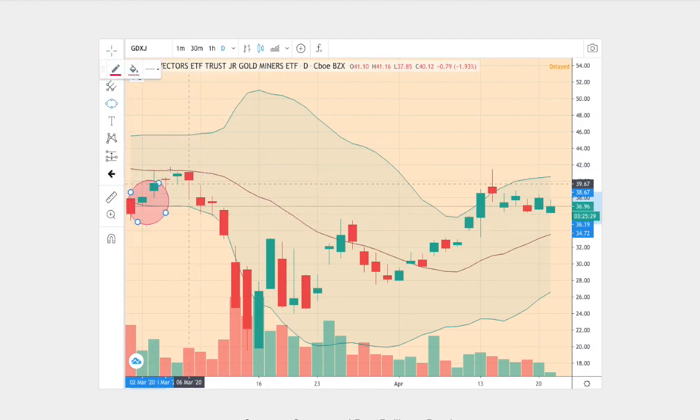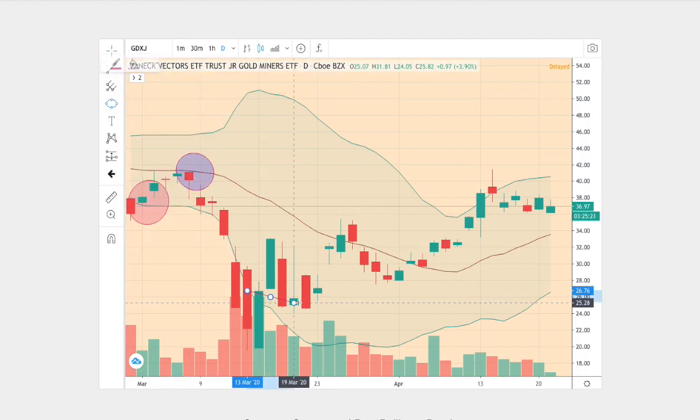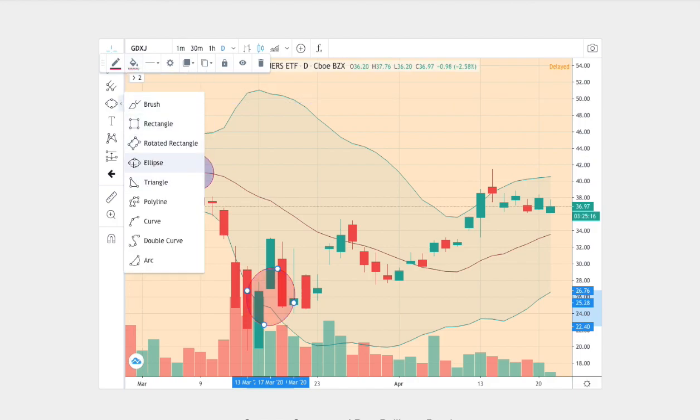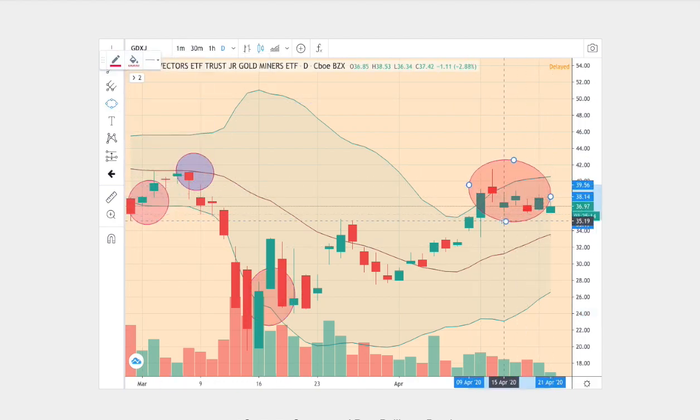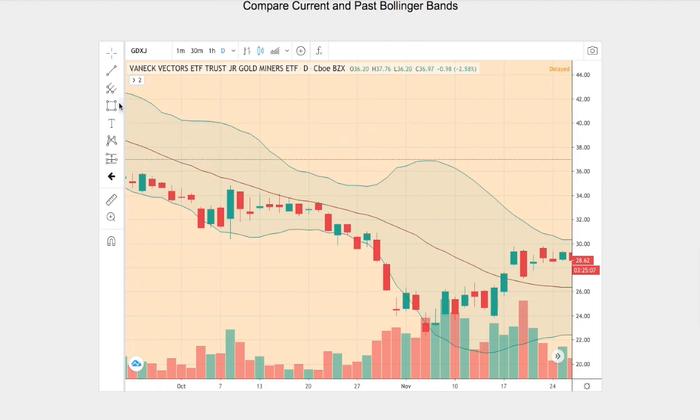We see an intent to revert back to the mean at the middle Bollinger Band, and then we proceeded to once more hit the bottom Bollinger Band. And after touching the bottom Bollinger Band twice, we see it reverse and head up to touch the upper Bollinger Band. Now for the trend in question, we start to see a similar pattern here as well.